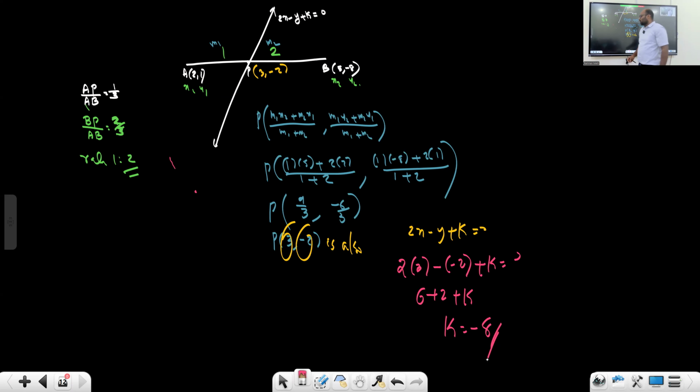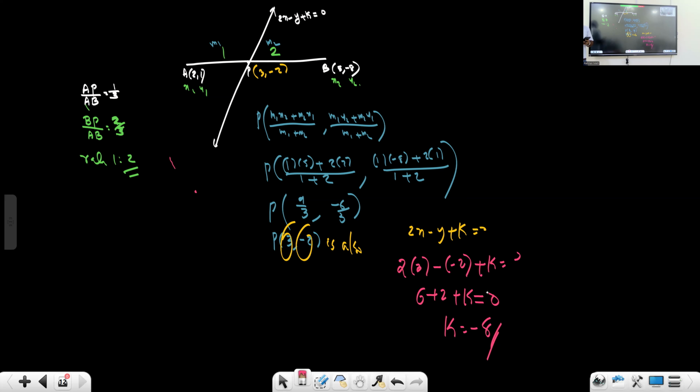Last year asked it. K equal to minus 8 is the answer. Here equal to 0 is there. Don't forget, k equal to minus 8.